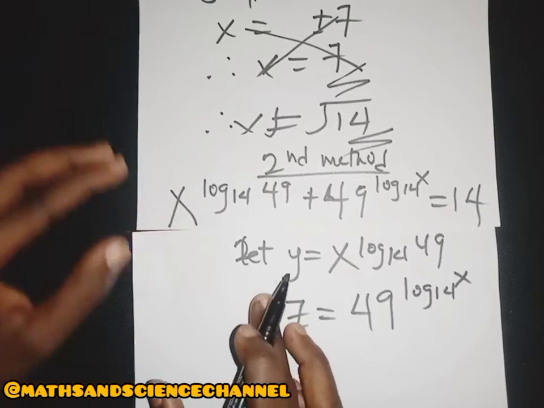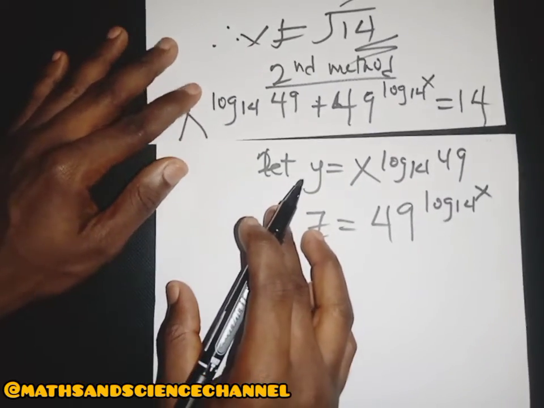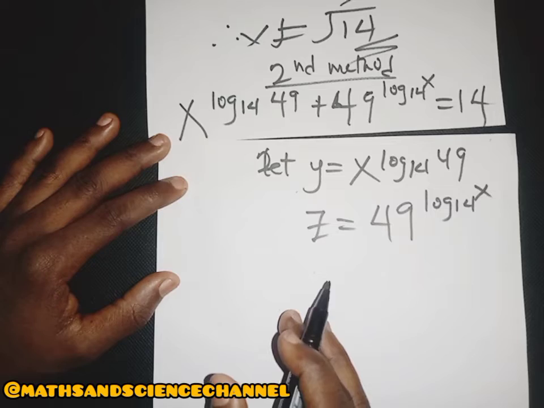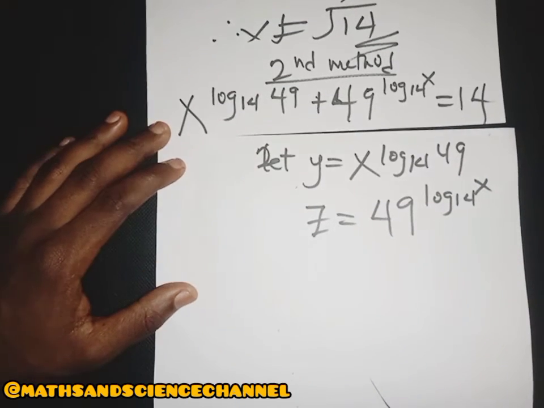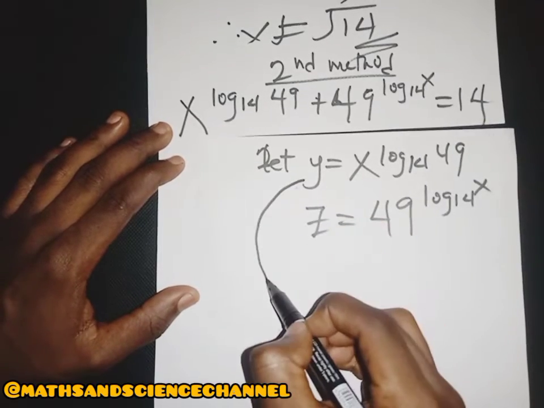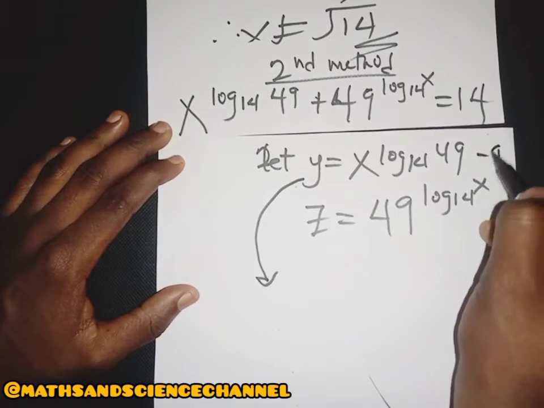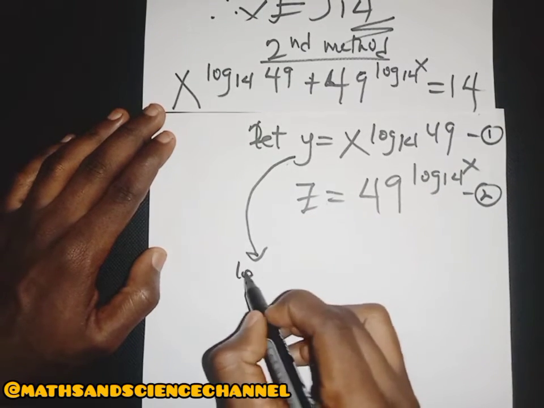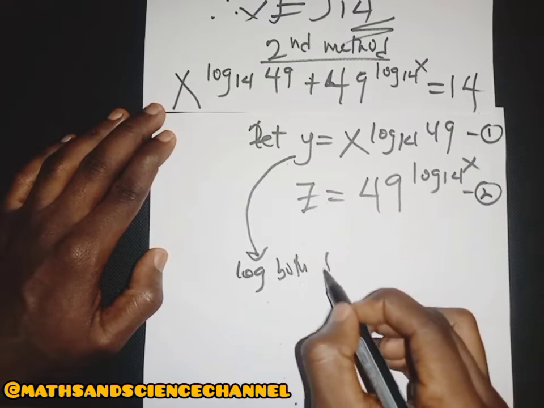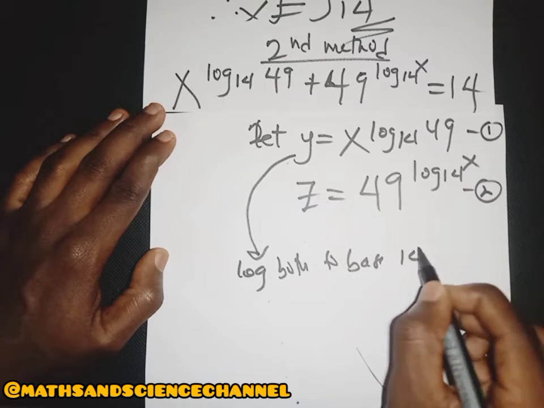Right? So let's call this one 1 and let's call this one 2, right? Now from the first part, let's log both sides to base 14, right?